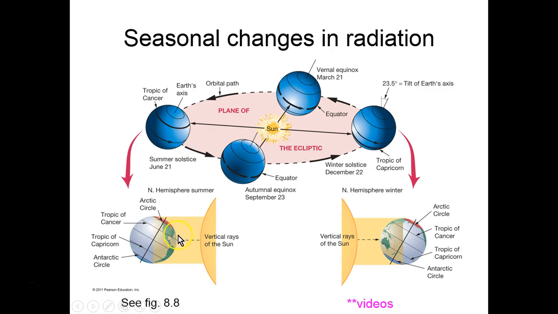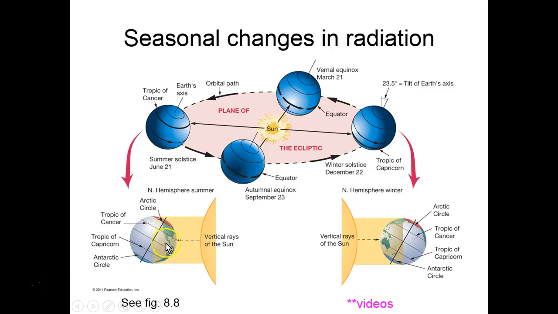Now what happens at the North Pole or the South Pole during this time is that in the Northern Hemisphere summer, when the sun is angled at 23.5 degrees north, because of the shape of our planet and the tilt of the planet, the North Pole is going to experience 24 hours of sunlight.